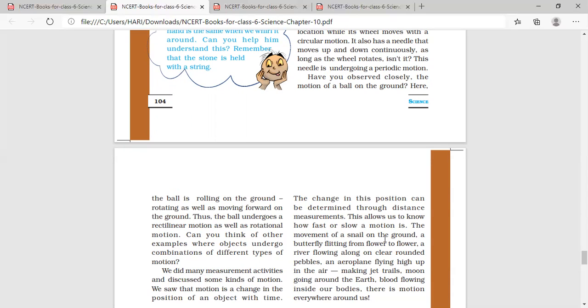The movement of a snail on the ground, a butterfly flitting from flower to flower, a river flowing along clear rounded pebbles, an aeroplane flying high up in the air making jet trails, the moon going around the earth, blood flowing inside our body. These are all examples of various types of motion. Everywhere around us, we can observe different types of motion.